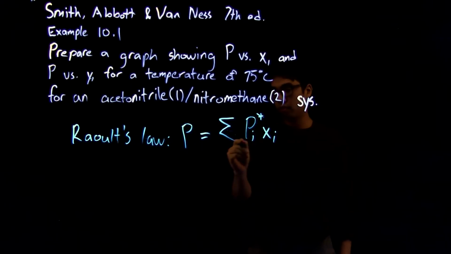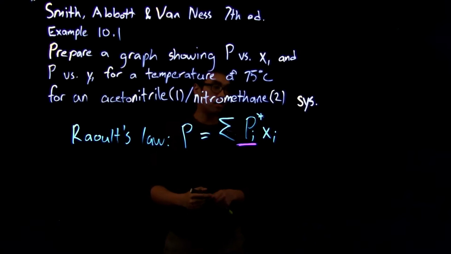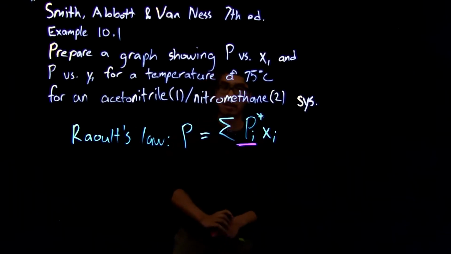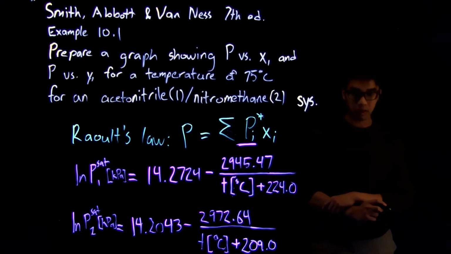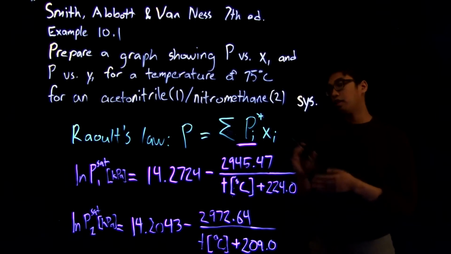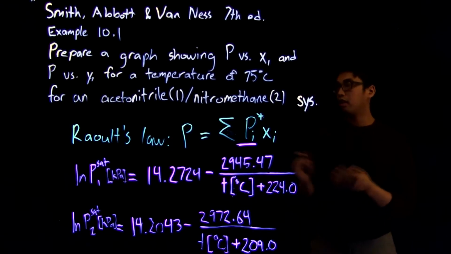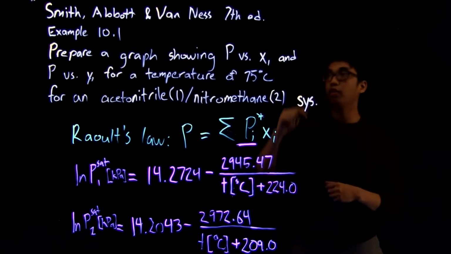Okay, so obviously to do this, we need to first find the partial pressure of the components in our system. So we can achieve this by finding Antoine equations for acetonitrile and nitromethane. Okay, so now that we have the correlations, we can calculate the saturated vapor pressure of both components.